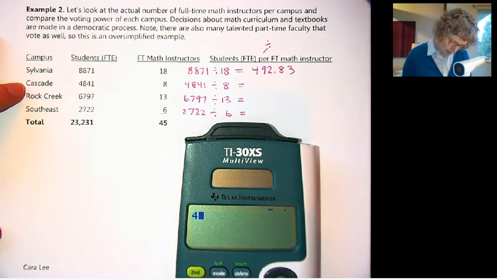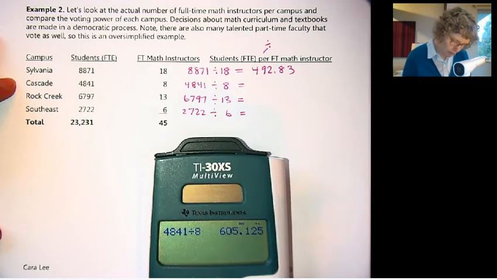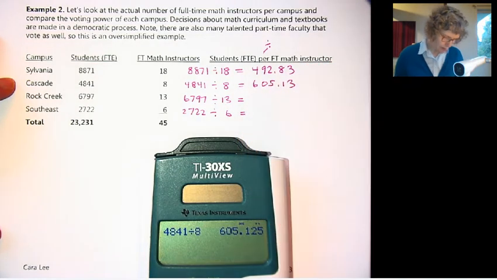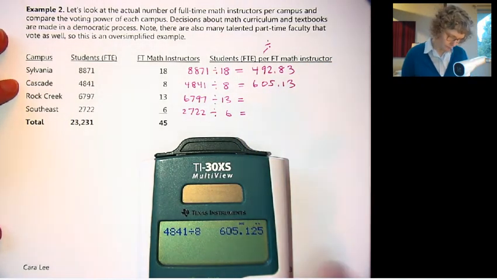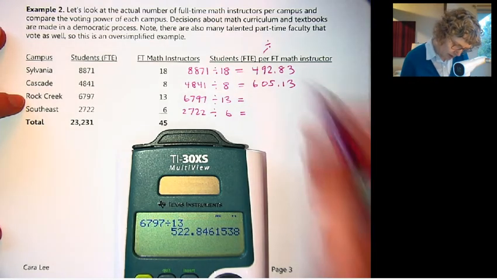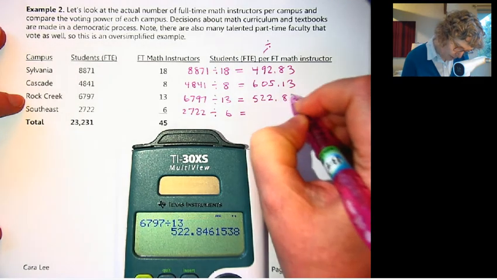Okay, so 4841 divided by 8, 605.13. Wow, that's a big difference, isn't it? Let's do Rock Creek. 522.85.